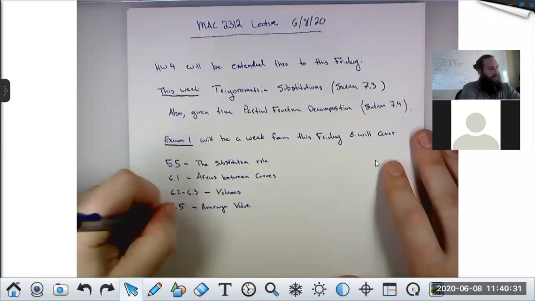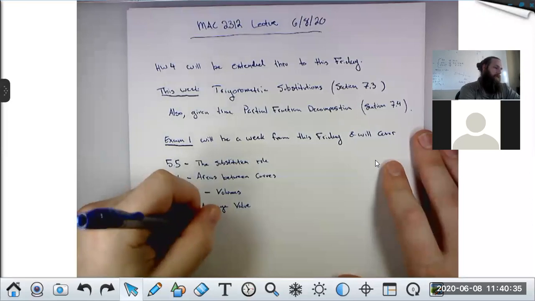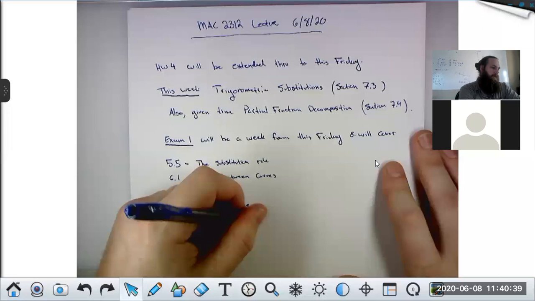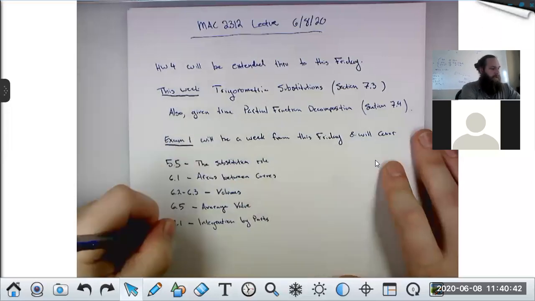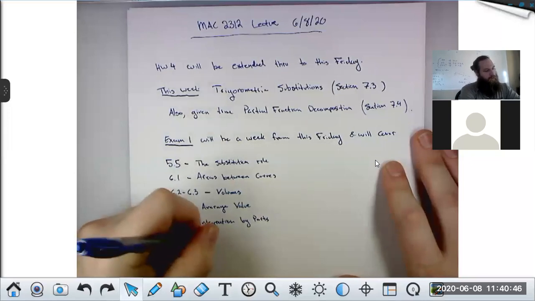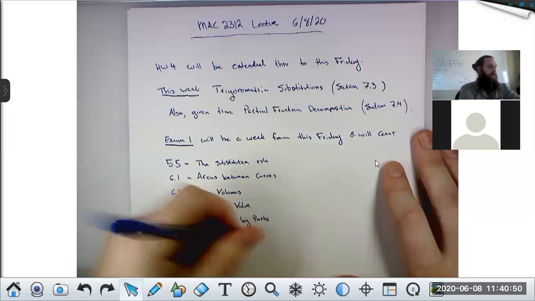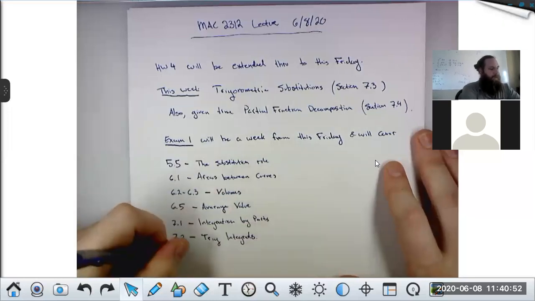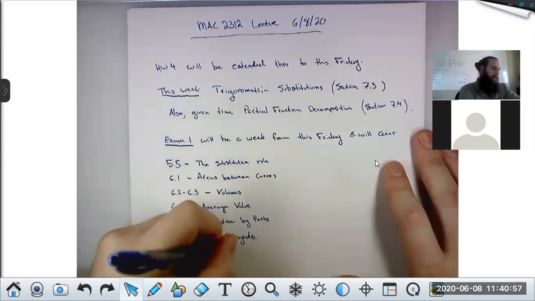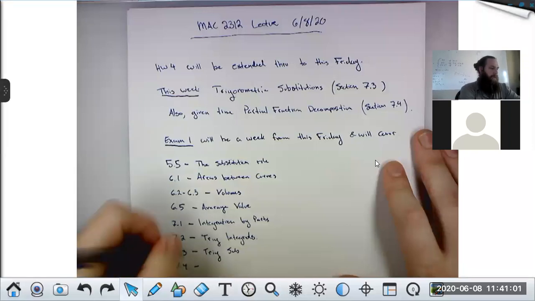And then 7.1, which is on integration by parts. 7.2, which we are finishing up today on trig integrals. 7.3, which is on trig sub. 7.4, which is partial fractions.